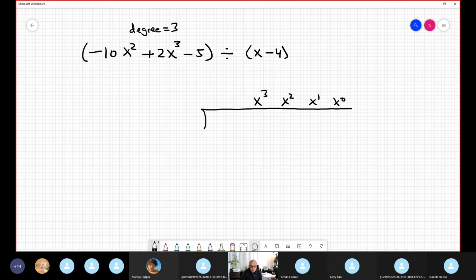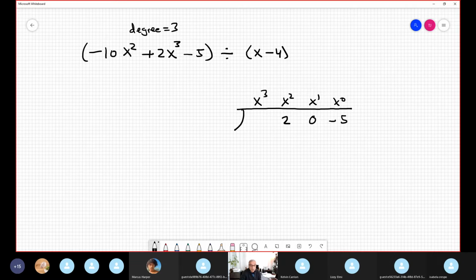Okay, wow, too long. Let me erase this. It's okay. X to the 0 is negative 5. X to the 1 is missing. We have no x to the 1 here.